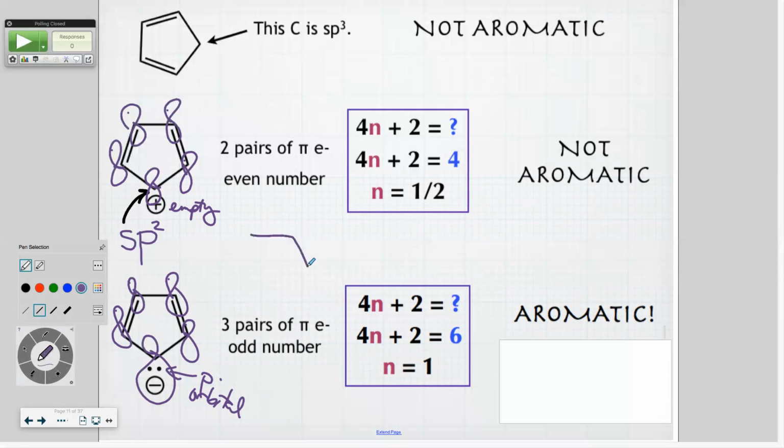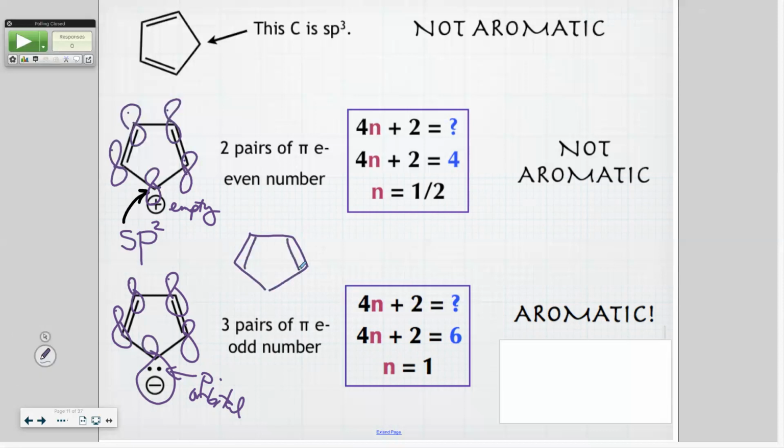In fact, that is how come this compound is unusually acidic, because once it loses that proton and becomes the anion, it's aromatic, gives it that extra stability.